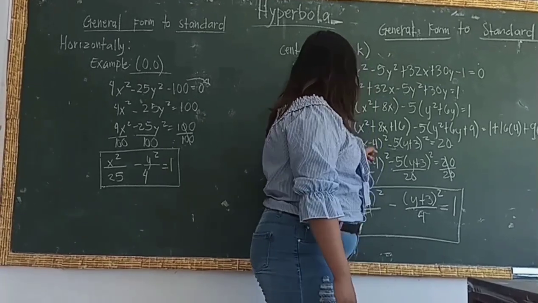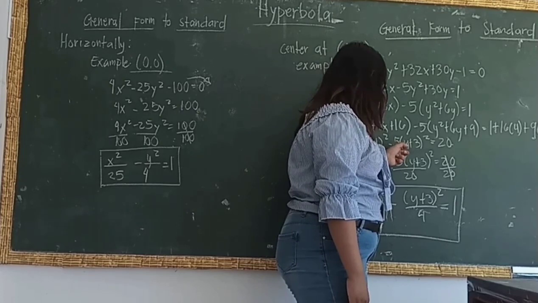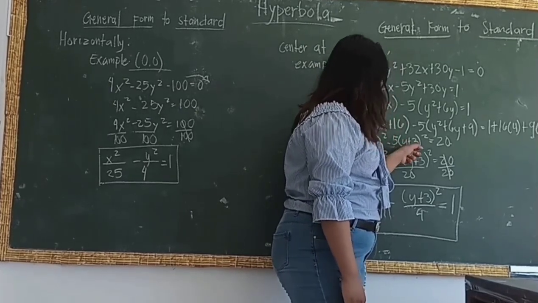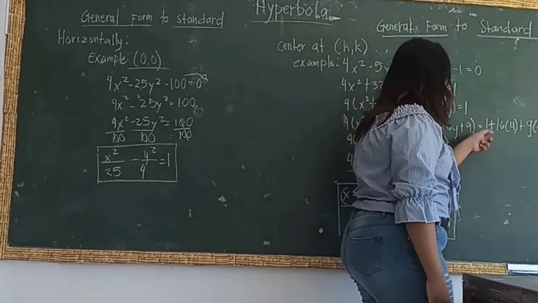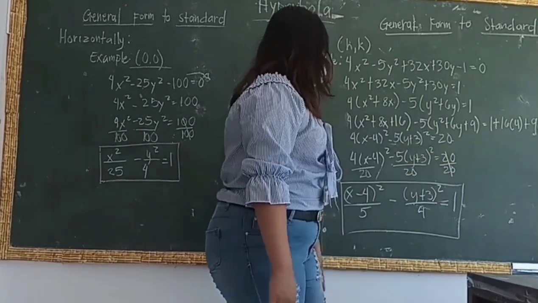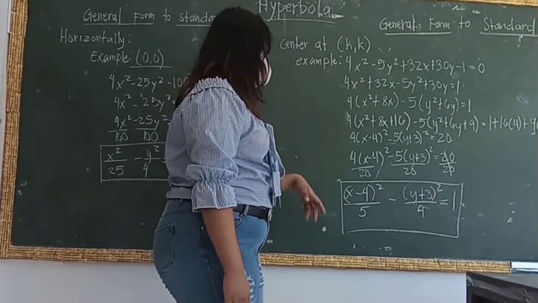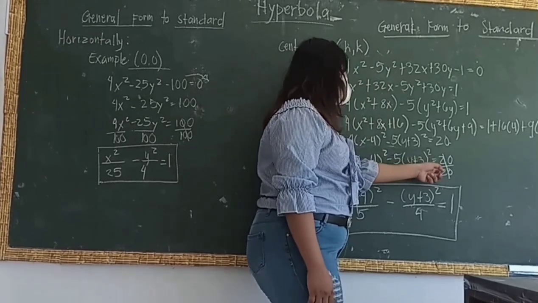4 quantity of x plus 4 squared minus 5 quantity of y plus 3 squared is equal to 20. We got this 20 because 1 plus 16 times 4 plus 9 times negative 5 is equal to 20. Then let's proceed. 20 divided by itself again.